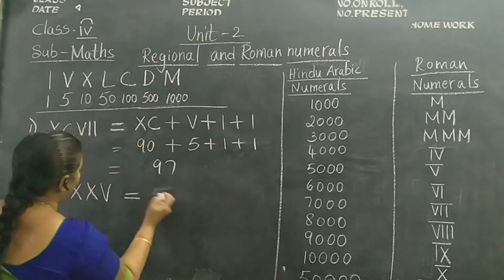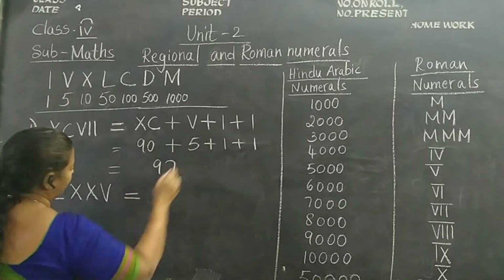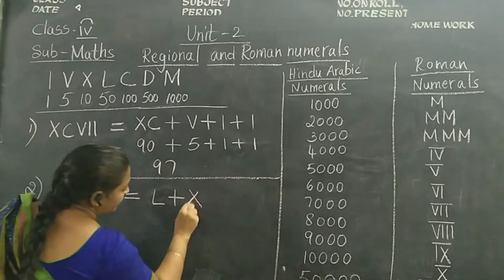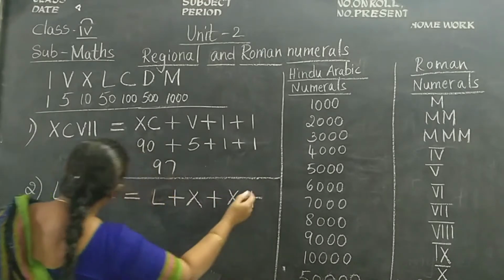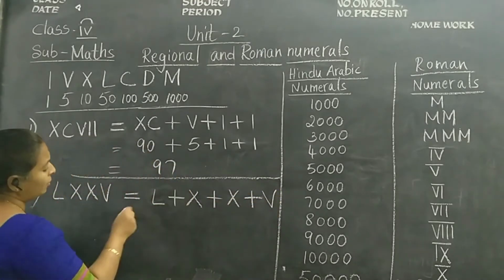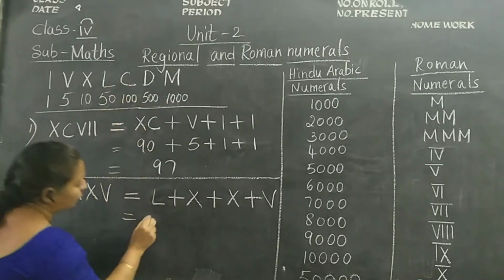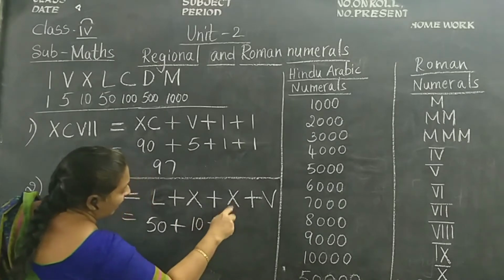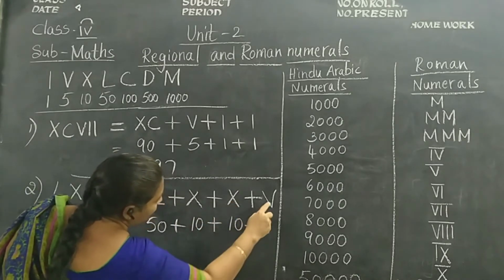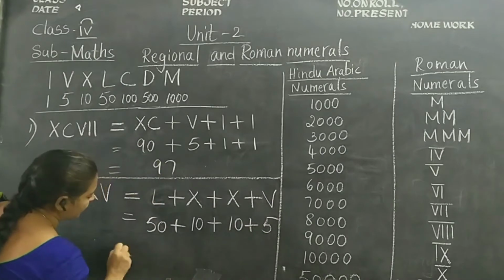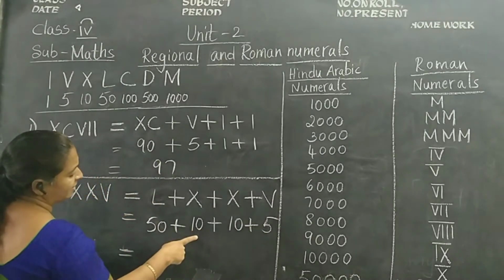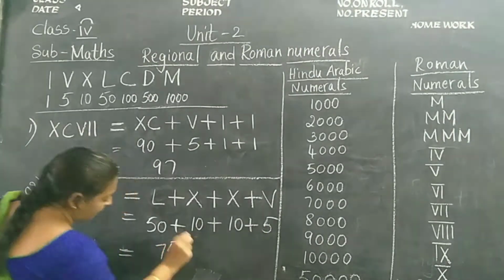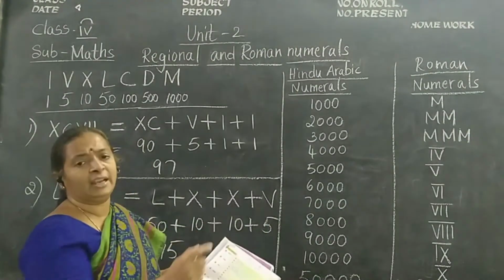First we should write this statement: L plus X plus X plus V. Then you write the values: L is 50, X is 10, plus again X is 10, plus V is 5. What is the answer? 50 plus 10 is 60, 60 plus 10 is 70, 70 plus 5 is 75. This is the answer to the second one, children.